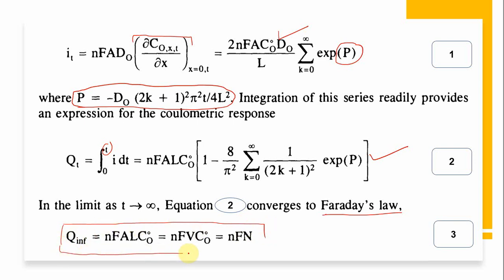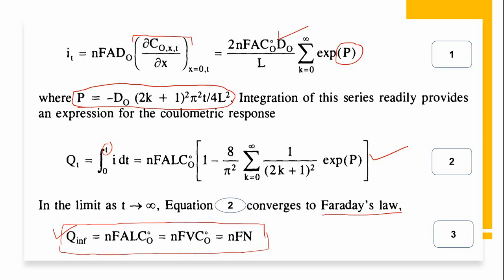Here we see an important term, Q infinity, which is quite important and can be used to calculate many things. It can be used to calculate the number of electrons, the initial bulk concentration of oxidized species, or the volume, and therefore it is an important term.